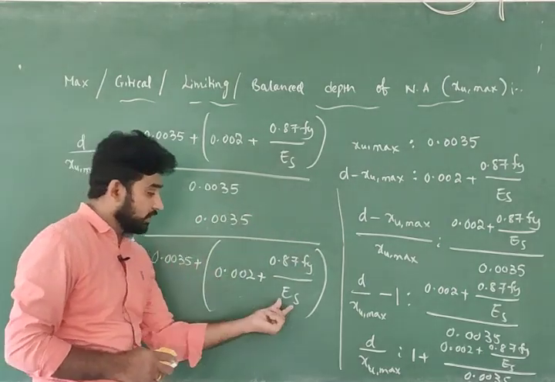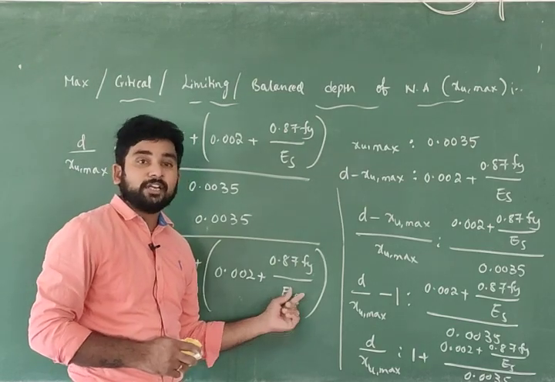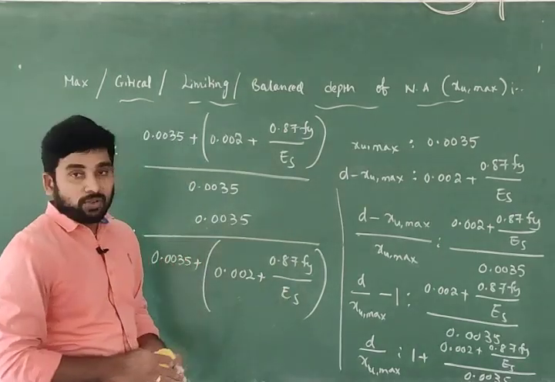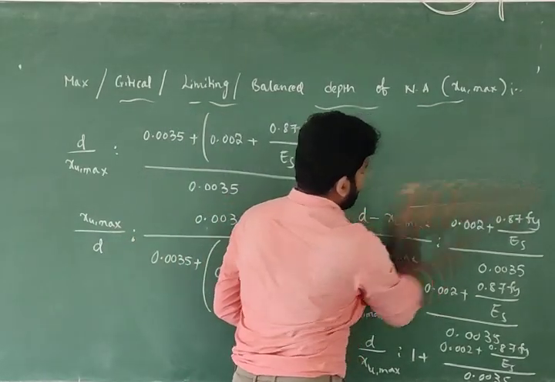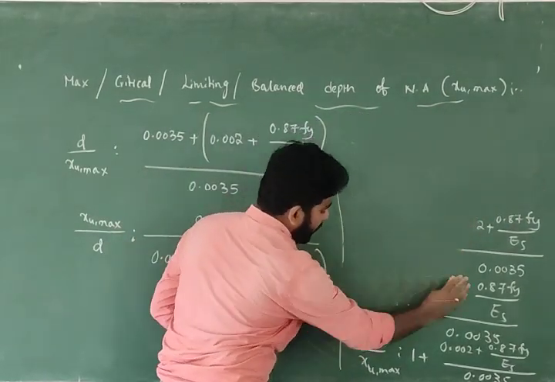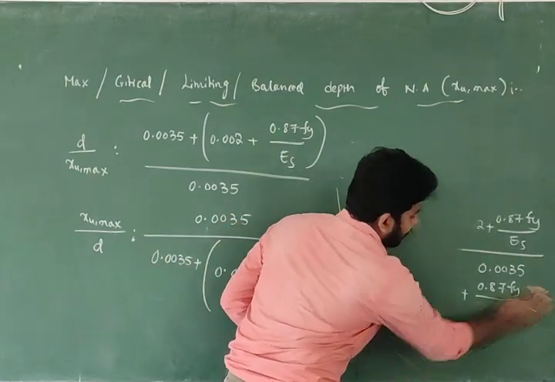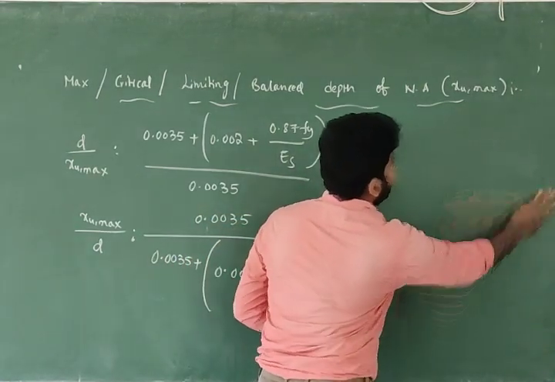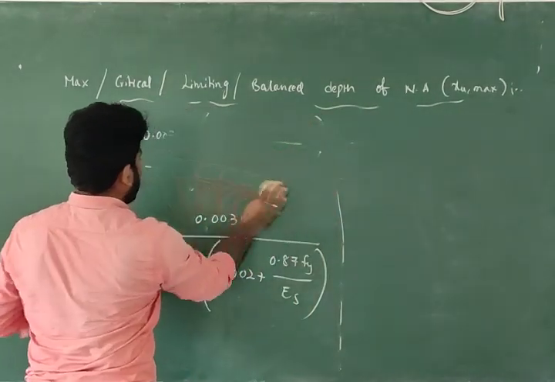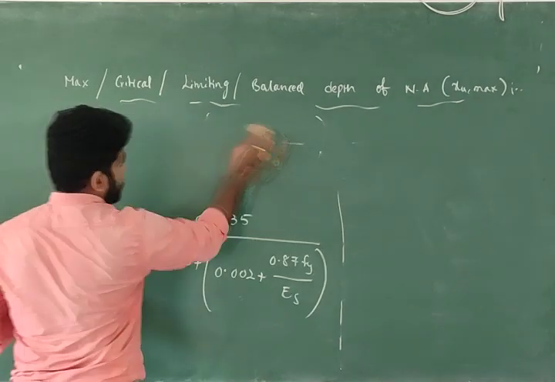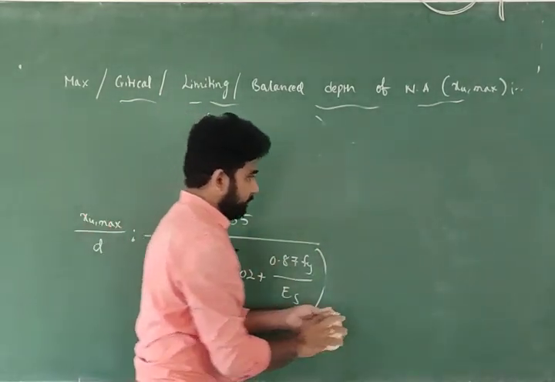Es is constant, 2 into 10 to the power of 5 Newton per mm square. After substituting these values, we get the final value of maximum depth of neutral axis for each grade of steel. So now I am substituting.